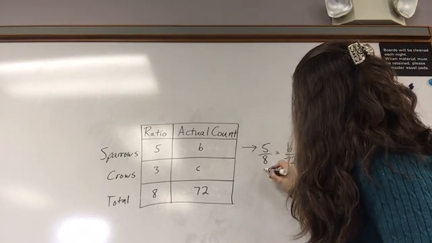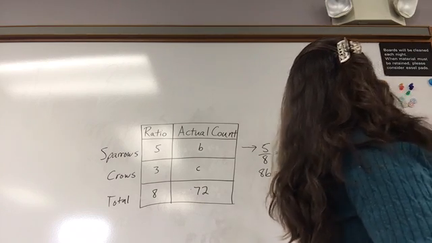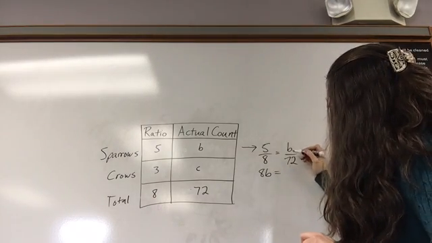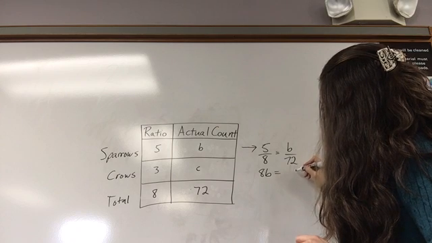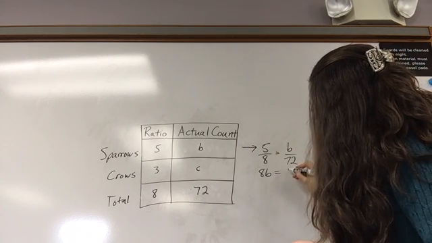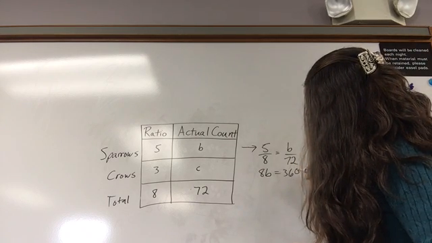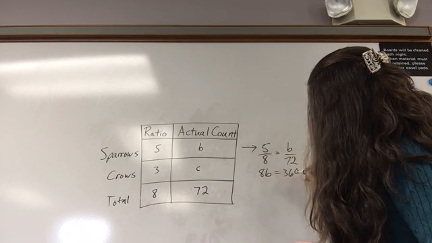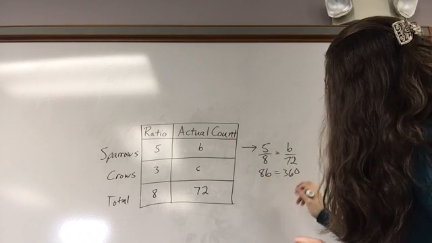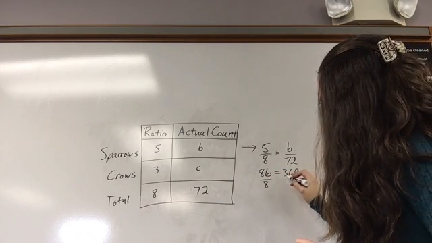So cross multiply to solve. 8 times B is 8B. 8B equals 5 times 72, which is 360. So then we would divide by 8 to solve.